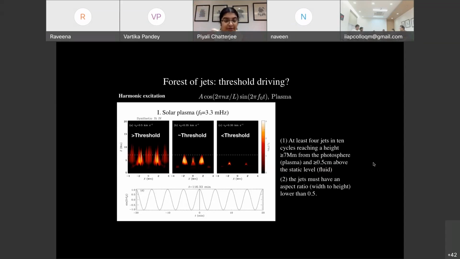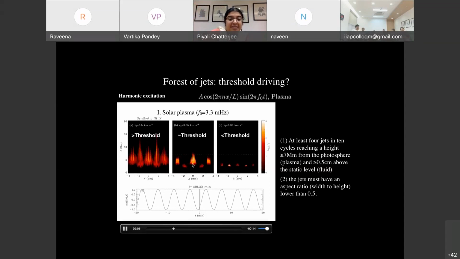So we again have this solar atmosphere, where you see these 3 panels. These 3 panels are 3 different experiments carried out at the same frequency, F0, which is 5 minutes.